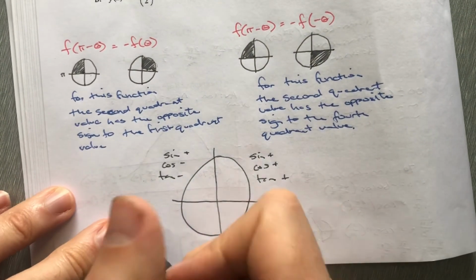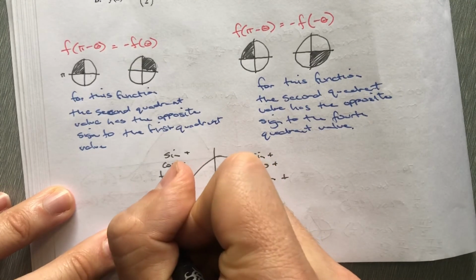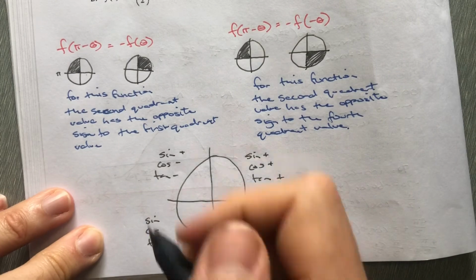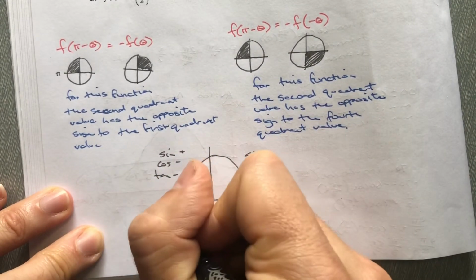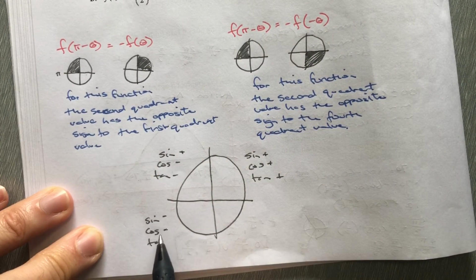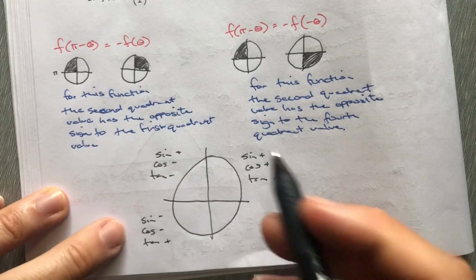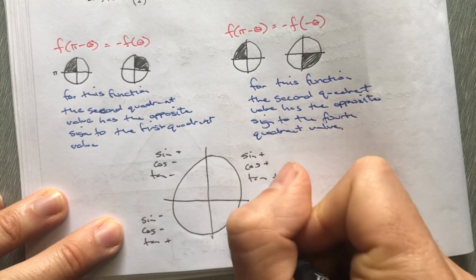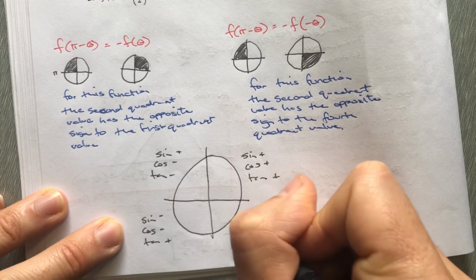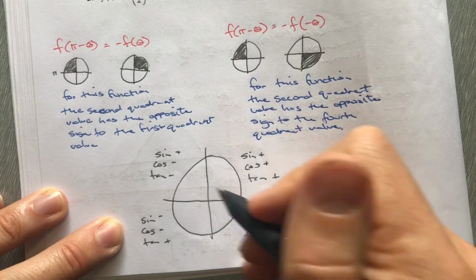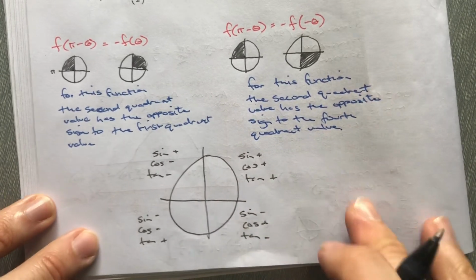For the third quadrant, our sine's negative, our cos is negative, and our tan's positive. And for the fourth quadrant, we have sine as negative, cos as positive, and tan as negative.